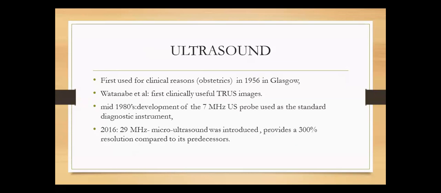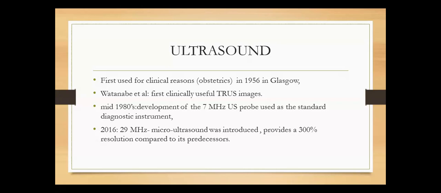So a bit of background on the ultrasound. Ultrasound has always been around, even during World War II, but it was first used for clinical reasons in 1956, mostly obstetric. It was first used in urology to visualize the prostate around 1960 by Dr. Watanabe.